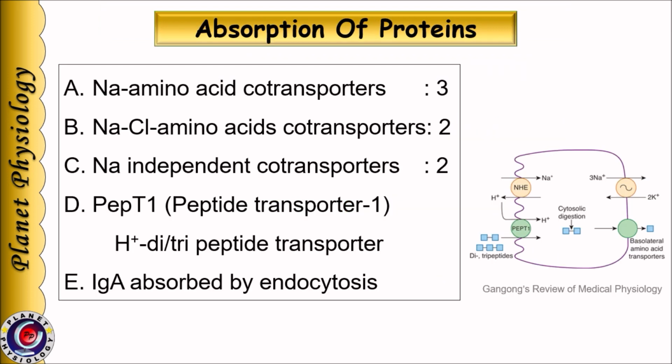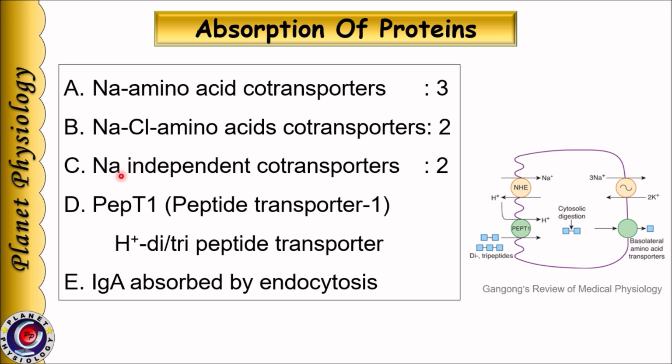Let us study some details about the amino acid cotransporters. Out of all the amino acid cotransporters, 5 cotransporters are sodium dependent, and out of these 3 are sodium amino acid cotransporters, whereas 2 are sodium chloride amino acid cotransporters.